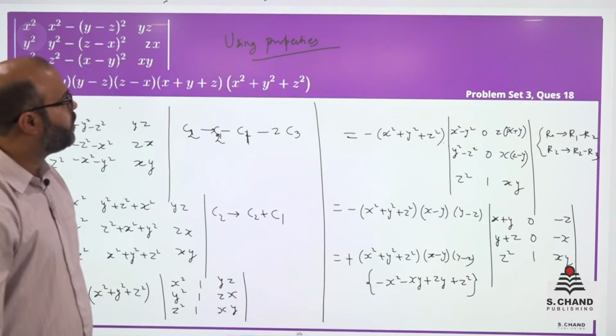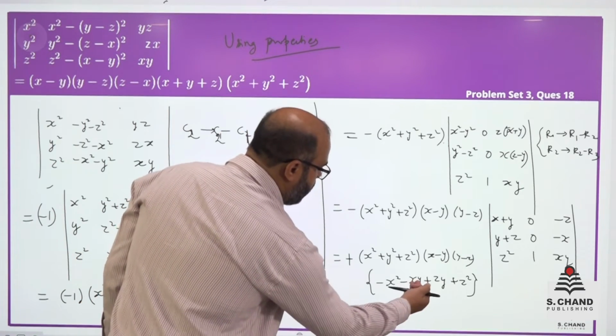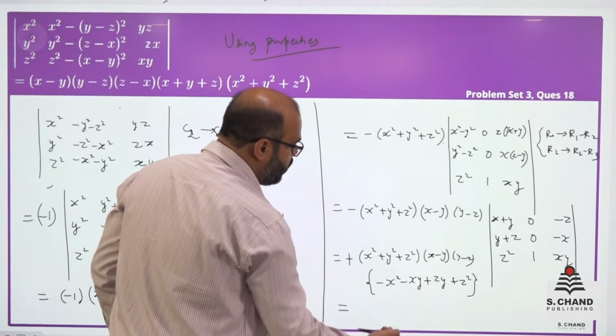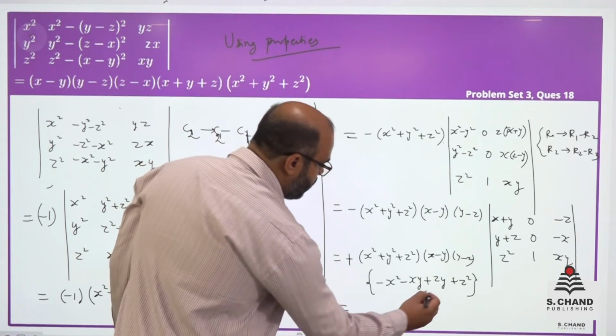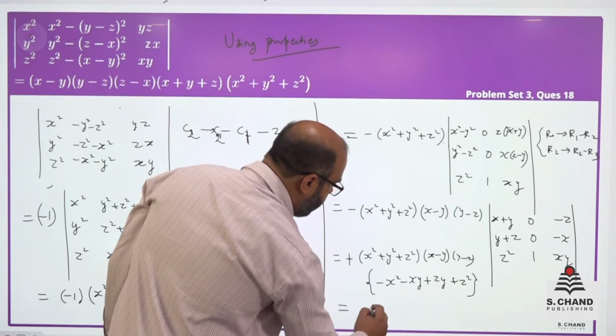Now here you can further simplify and you can write y minus x, minus y minus z was there, you need z minus x. So z you will get from here and minus x from here.